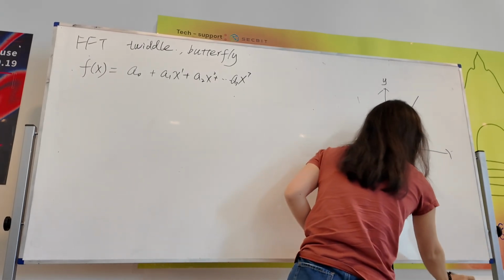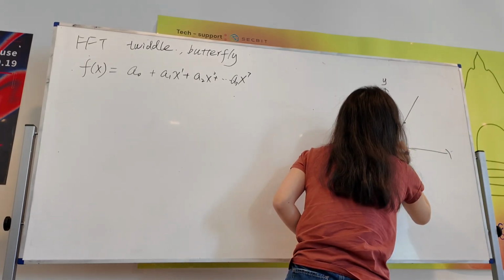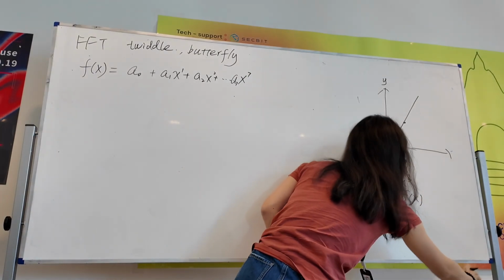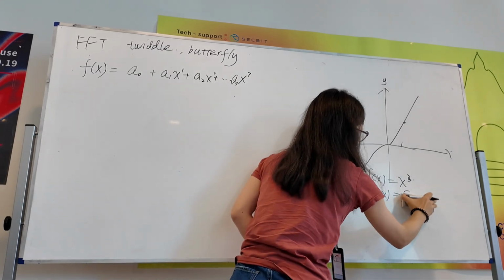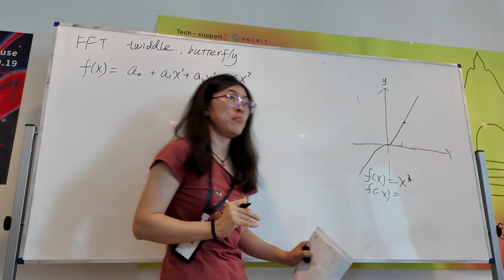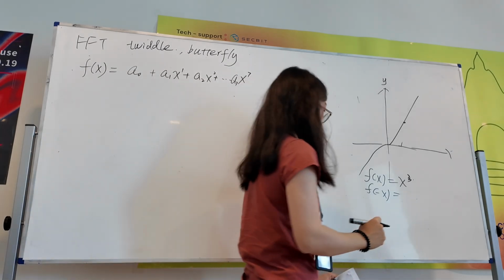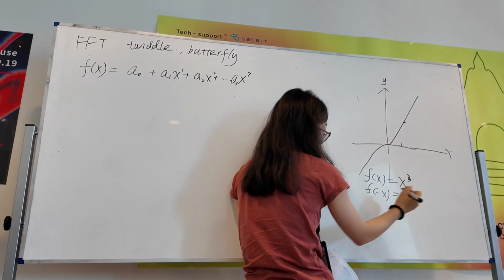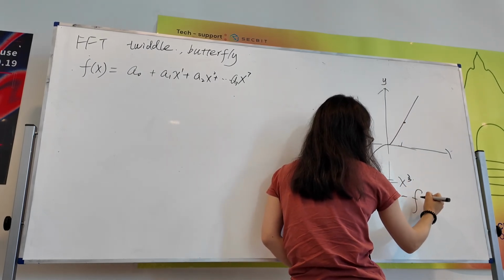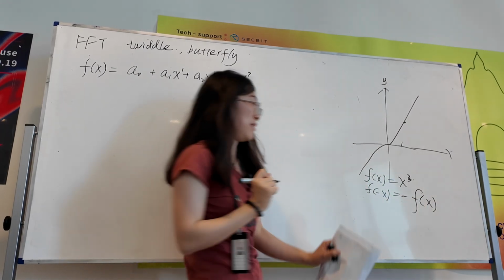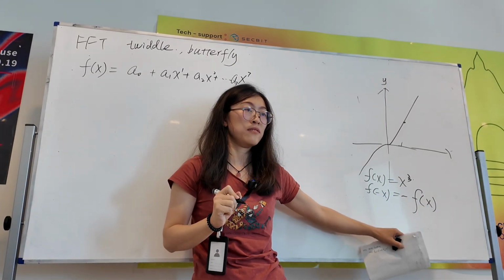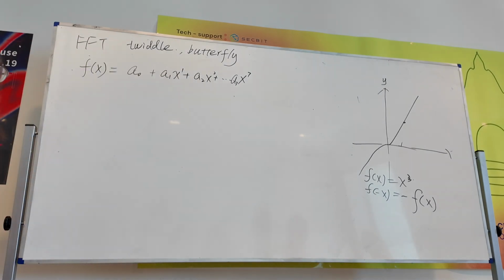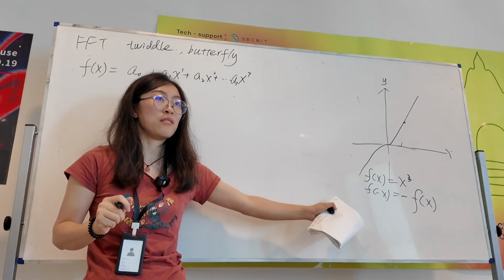What if my polynomial looks like this? It becomes a cube. Does the same trick apply as well? Yes, but with some caveat. Now we have f(-x) equal to minus f(x). This is the property of an odd function.